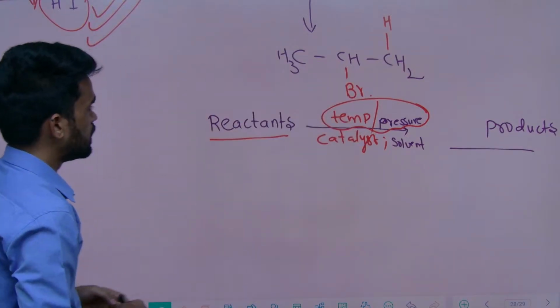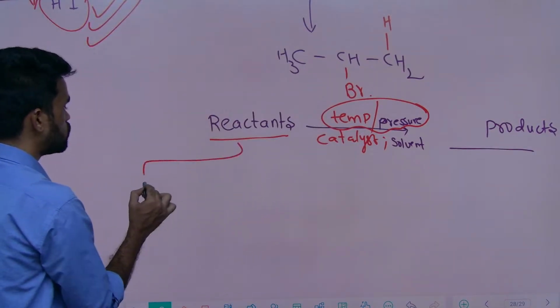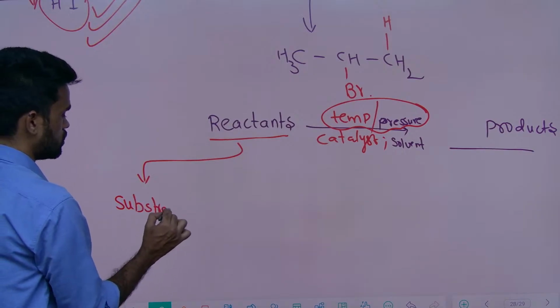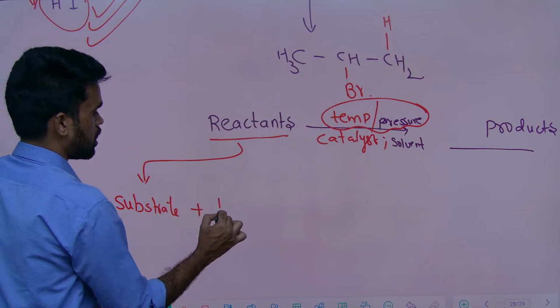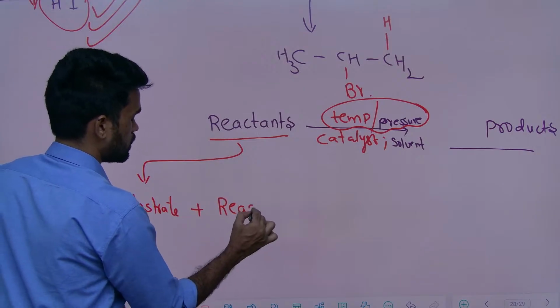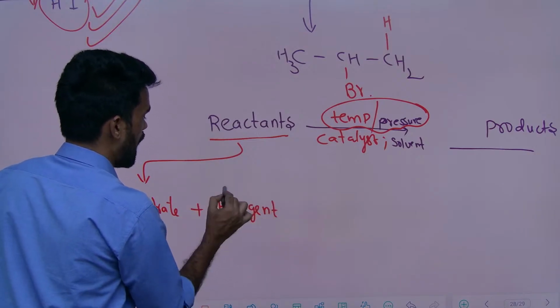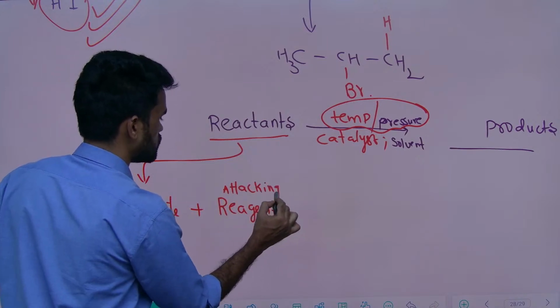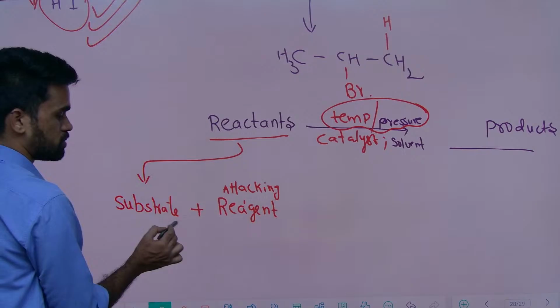Okay, once again, on this reactant side we have two things. One is called the substrate and the other one is called the reagent, or simply you can write attacking reagent. So the name itself says this is the attacking reagent. This fellow will attack the substrate.